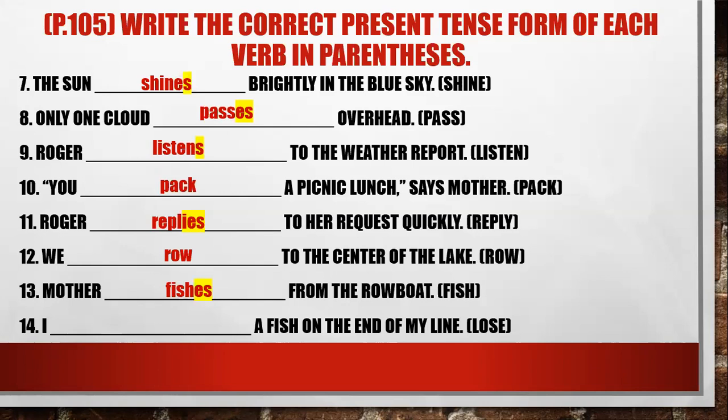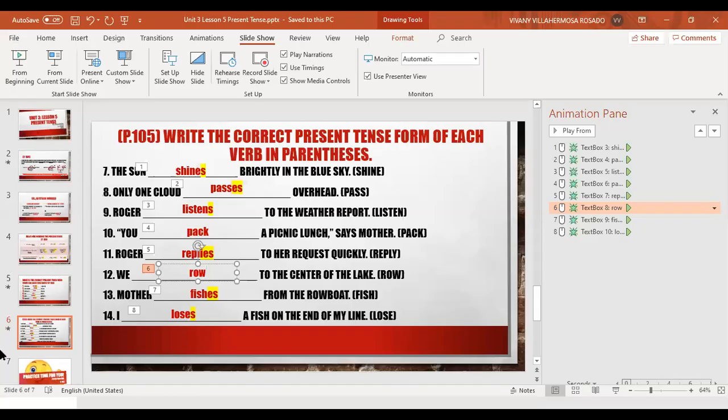Okay. Let's continue. Number 14, we have I blank a fish on the end of my line. And then the verb is lose. I is a subject that is an exception, right? So we're going to treat it as a plural subject, which means that the verb is going to, and I'm doing this just to make sure that you guys are listening to me and you can catch me on my bloopers, okay?